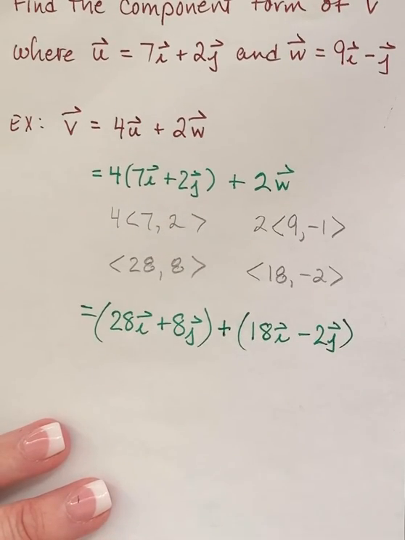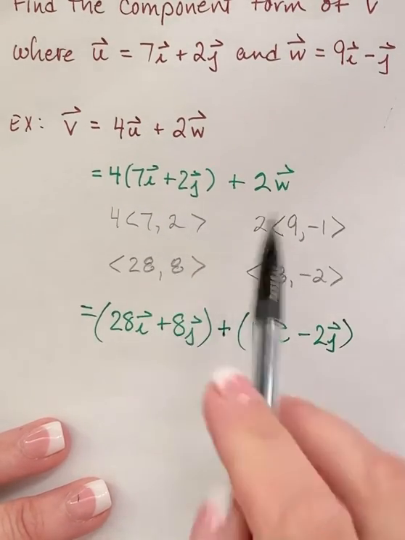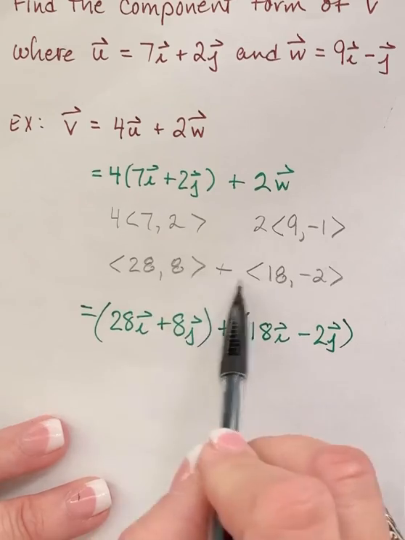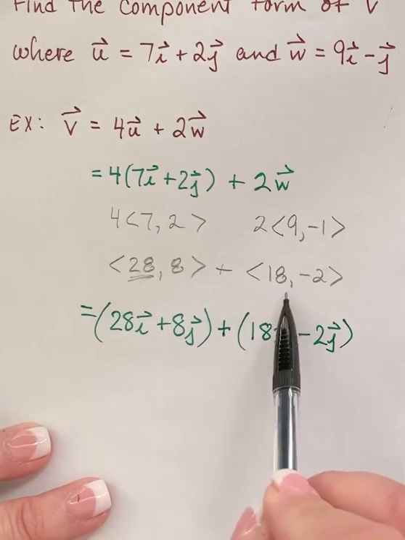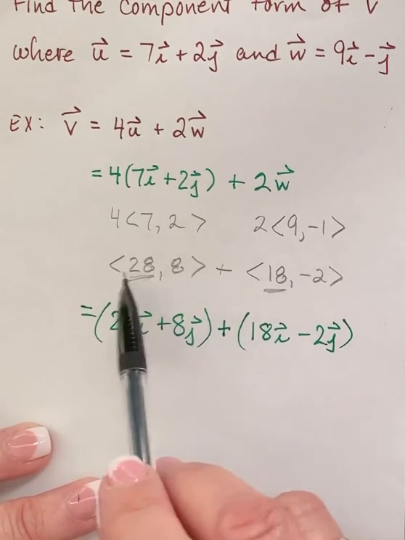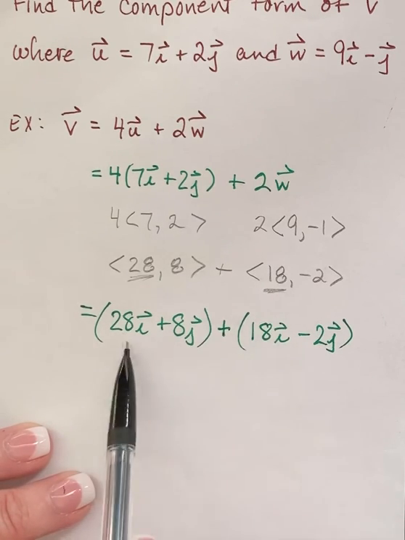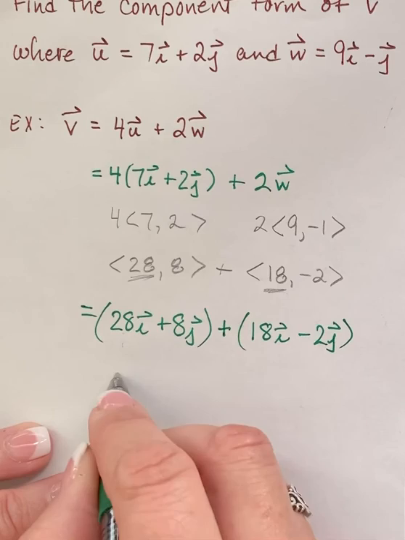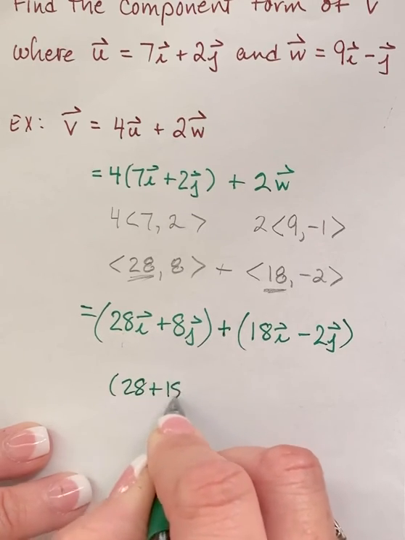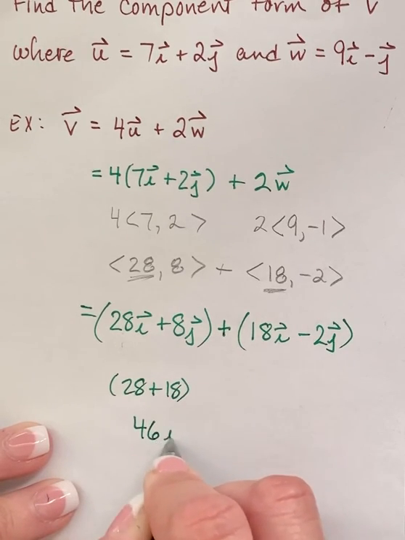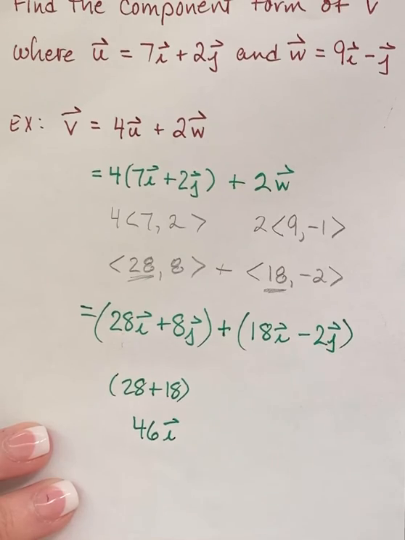Okay. So if you were looking at the component forms, the way you would add them together is you would add the horizontal components, 28 plus 18. So that's what you're going to do here. You're going to add 28 plus 18. So you're going to have 46i. That'll be your horizontal component.